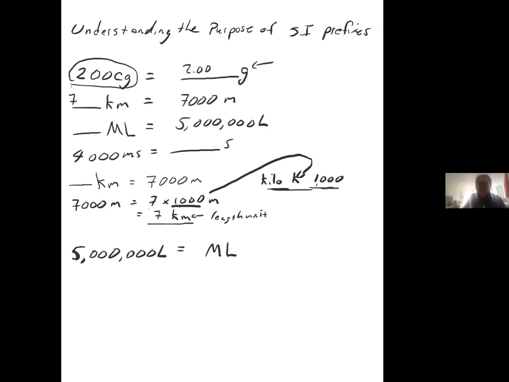So it's got a capital M. Capital M is mega, and mega is a million. We want to have it in megaliters. This is a unit of liters, by the way, capital L. So what's 5 million in terms of millions? 5 million is 5 times a million.